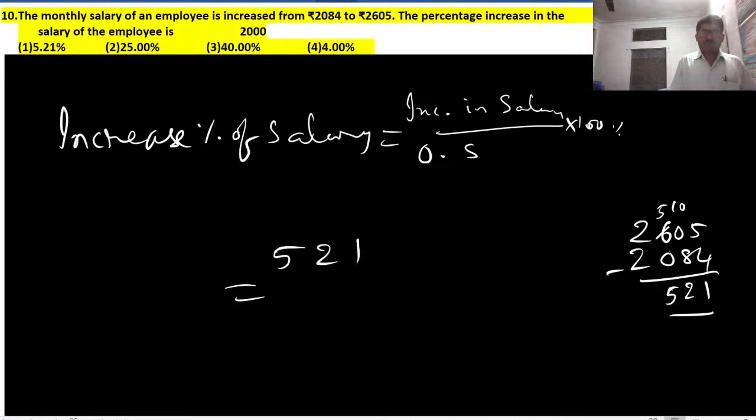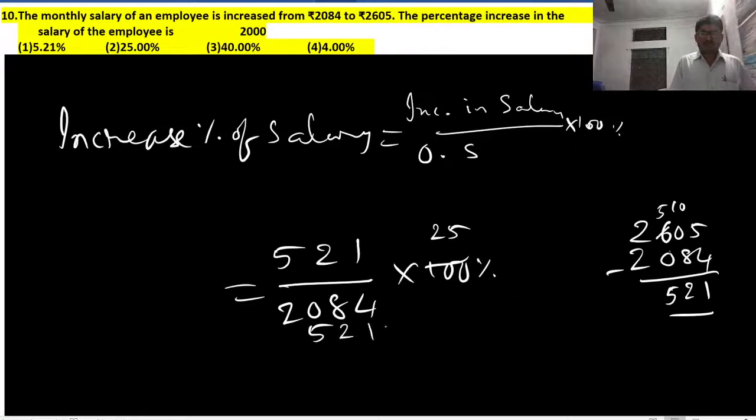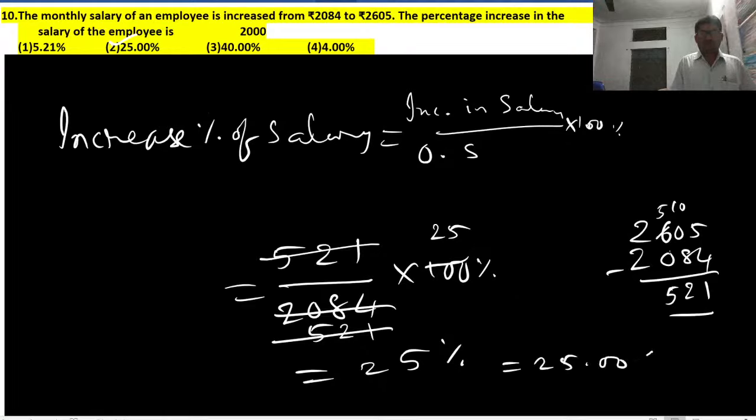So 521 increase in salary by original salary 2084 into 100%. 4 5s are 20, 4 2s are 8, 4 1s are 4, and so on. So 25%. Option 2.